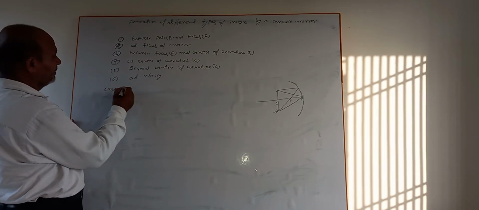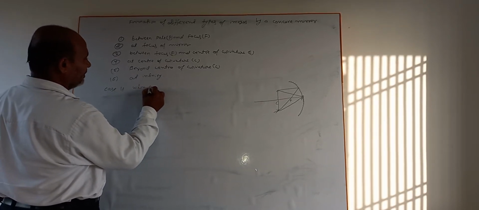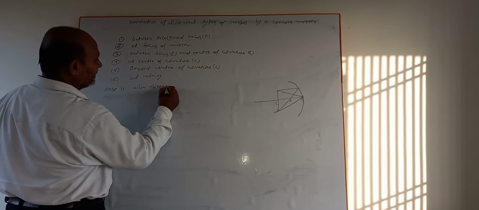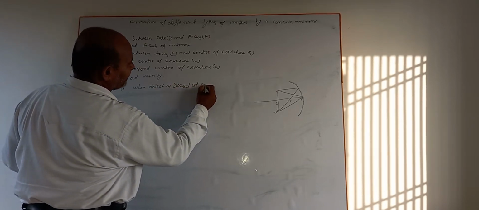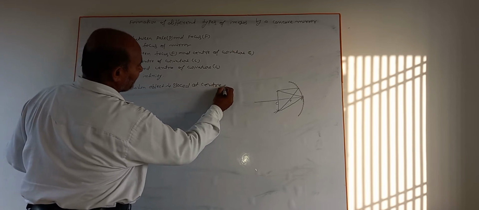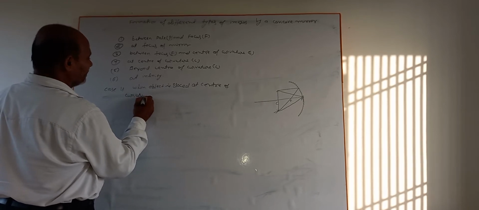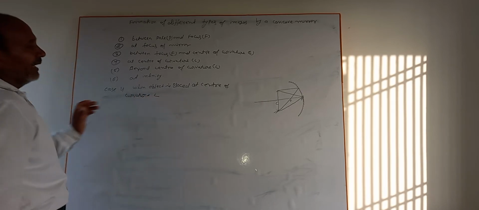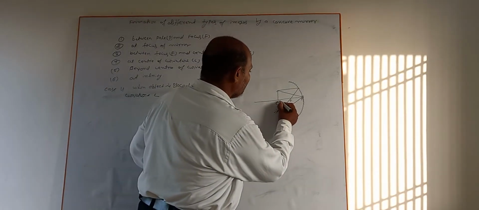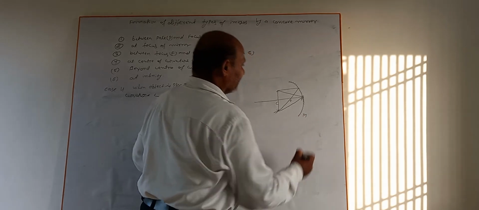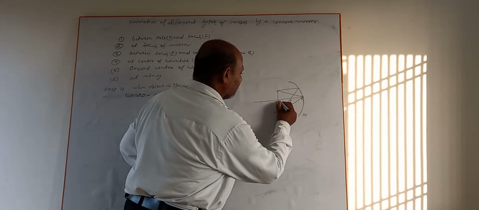Case fourth, when the object is placed at center of curvature C. Suppose M is a concave mirror, P is its pole, F is its focus, and C is its center of curvature.